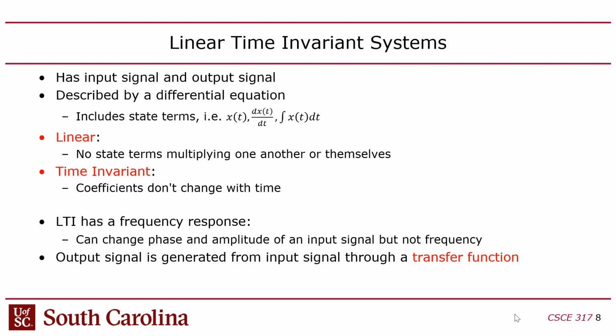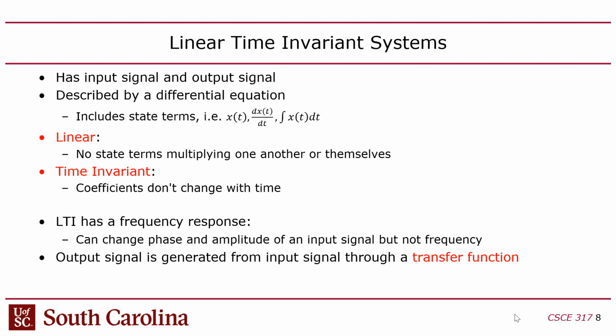Okay, so basically it's an equation with these state terms, and each state term could be a variable or one of its derivatives, or one of its integrals. Make sense? Okay. Now, you can also have coefficients too.